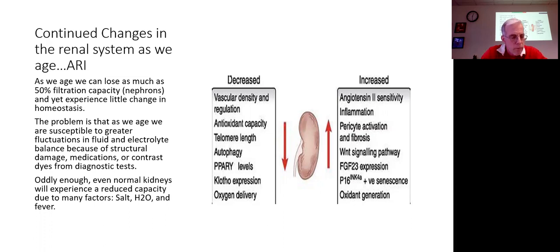Other things your kidneys are more sensitive to are contrast dyes used during certain diagnostic tests. This is why you get a lot of warnings about use of contrast, because the kidney has to process that, and eventually it can have a toxic effect on your kidneys.